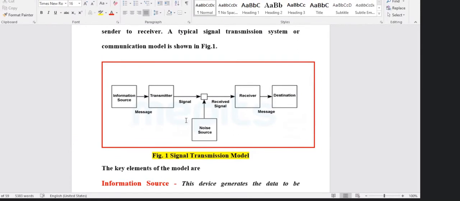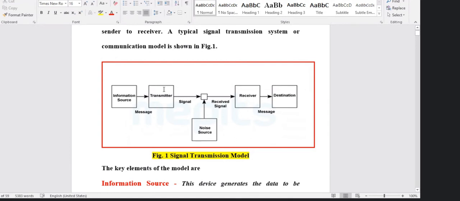Similarly, in frequency modulation, which is equivalent to FSK in the case of digital carrier communication, the information lies in the frequency of the carrier signal, and in phase modulation the information lies in the phase of the carrier.